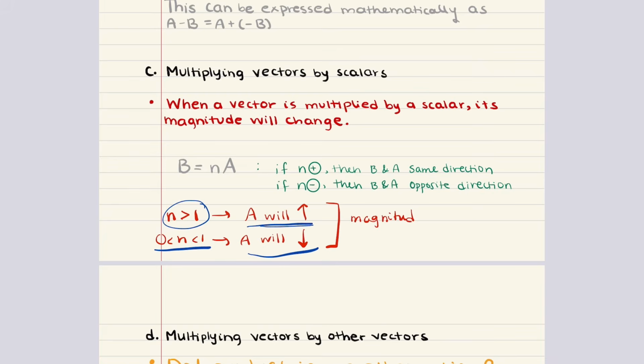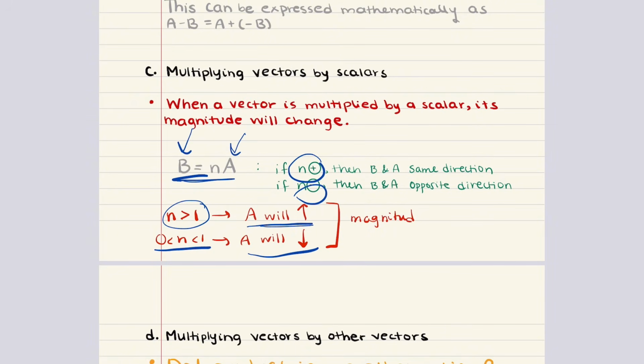And so for our direction, we can simplify this by saying that if the scalar n is positive, the new vector b will point in the same direction as the original vector a. If the scalar n is negative, then the new vector b is going to point in the opposite direction of the original vector a.